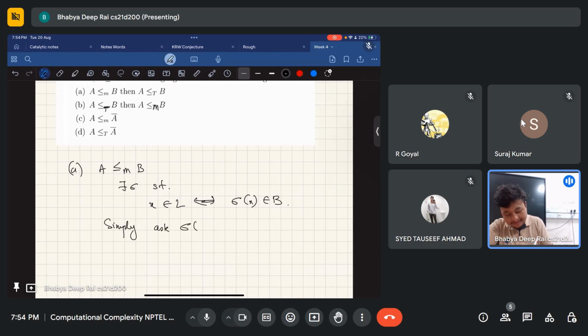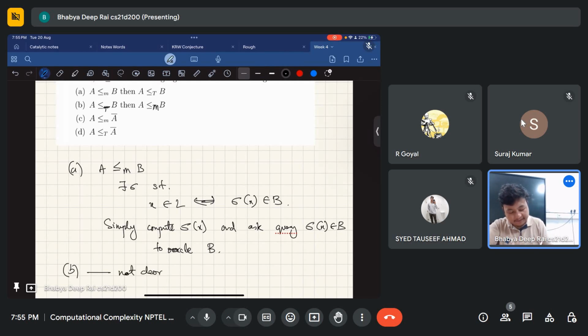Simply compute sigma x and ask the oracle B the query: sigma x belongs to B? That's it. If it says yes, then yes. If it says no, then no.